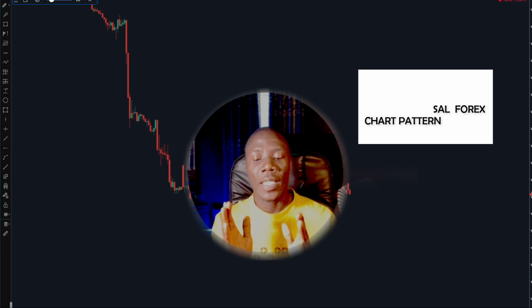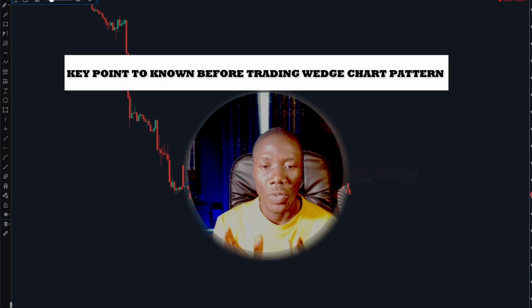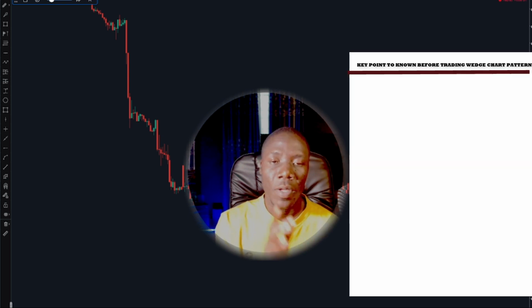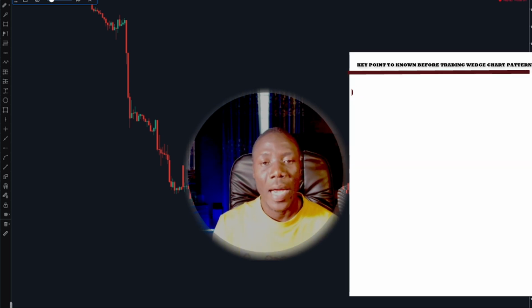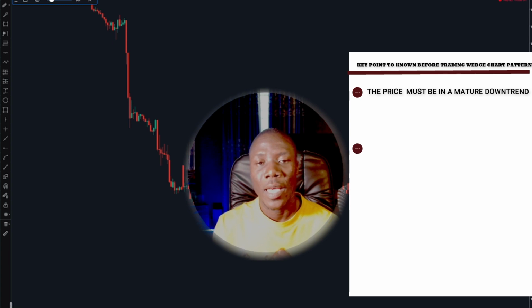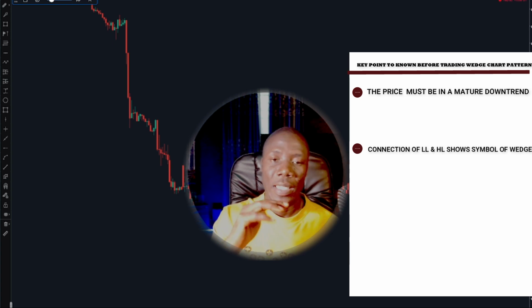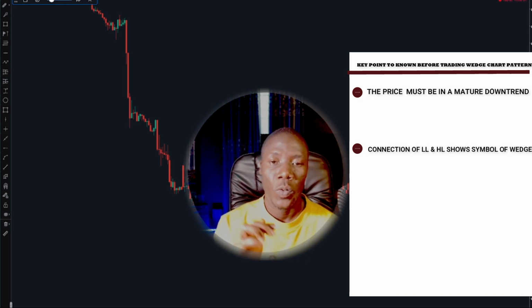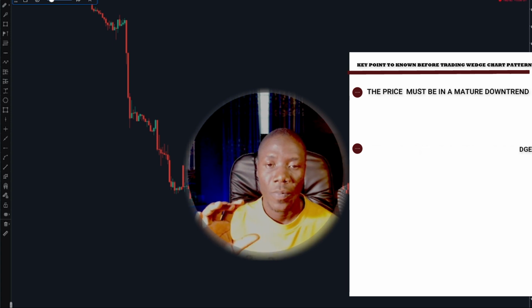So these are the key points you need to know before you can trade this pattern called the wedge. First, the price must be in a mature downtrend. That's the first key point. It must be in a matured downtrend. The second key point is that when connecting the lows and highs, the price will show you the shape of a wedge.